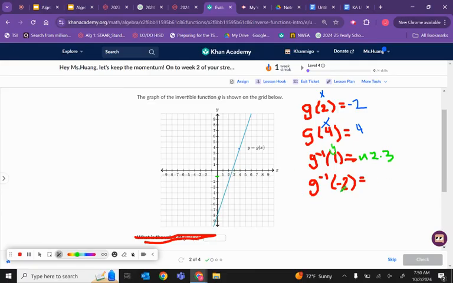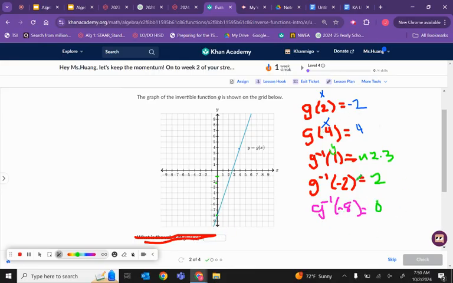If I were given g inverse of negative 2 right here, negative 2 is here, so I need to go over, so that goes to 2. And doing one more, if I were to give you g to the negative 1 power of negative 8, I would come down to where negative 8 is, and I didn't go left or right, so the x value right there is 0.